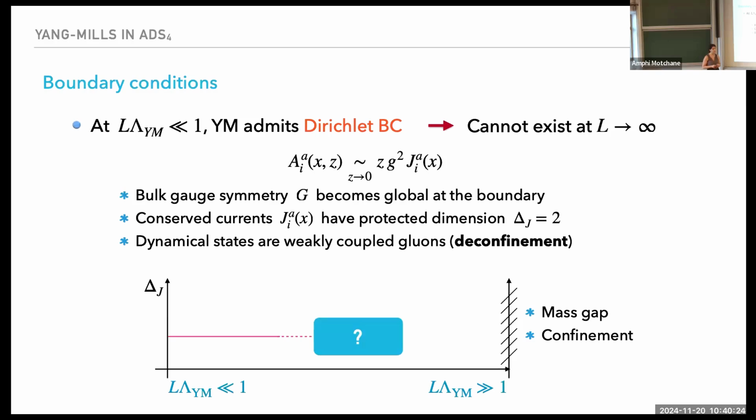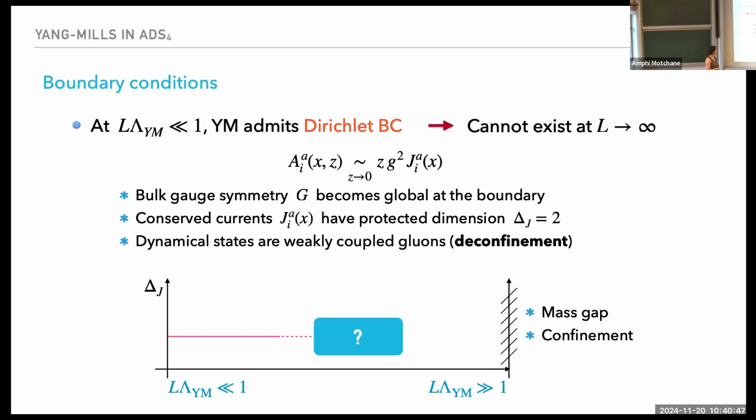Just a very, very naive question, sorry. I understand that with this Dirichlet boundary condition, we have this conserved current, and that states charged under this global symmetry are kind of gluons. But how do you know that there are such states?